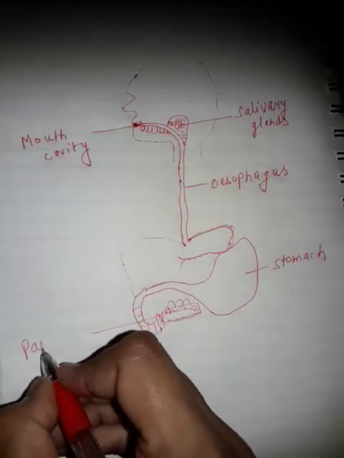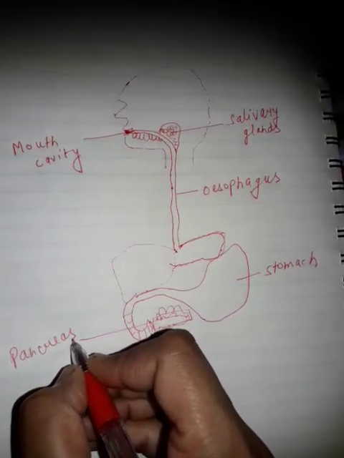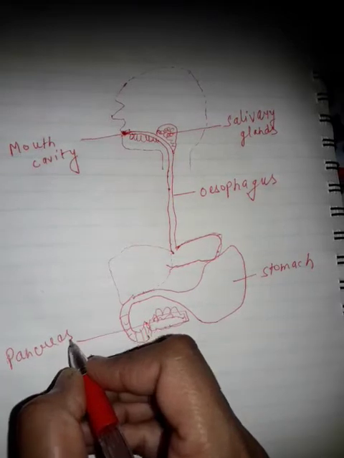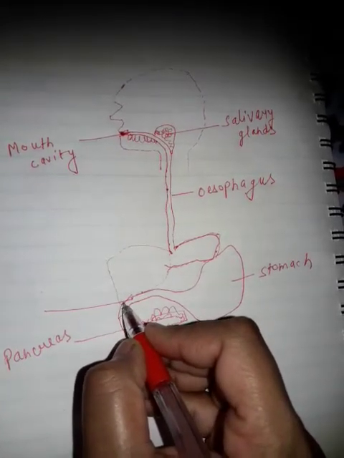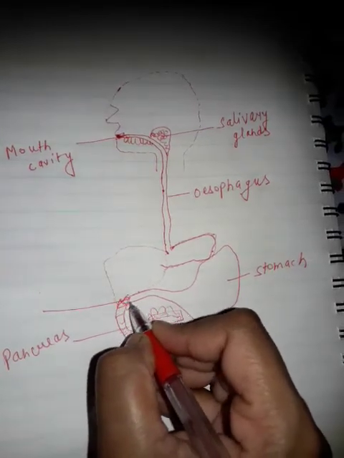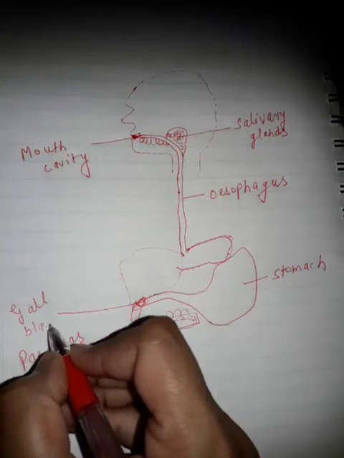It is the pancreas, and then here it is the gallbladder. This one is the gallbladder.